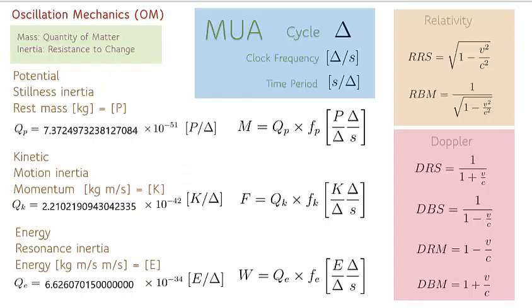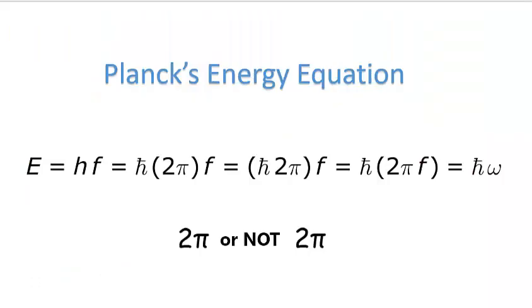Well, in oscillation mechanics, I'm not using angular frequency, at least not at this point, and because I'm not using angular frequency, I have to use non-reduced Planck's constant. So I wanted to go over that a bit.